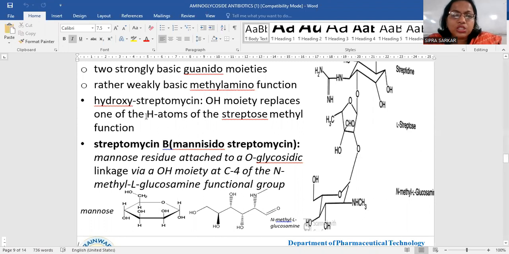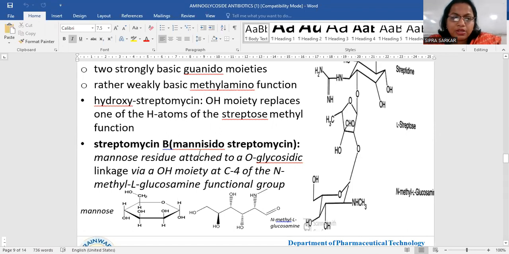Now coming to hydroxystreptomycin, that is the OH moiety present in this different amino sugar. One of the hydrogen atoms of the streptose methyl function is replaced, so that the OH moiety will be replaced with the hydrogen atom of the streptose ring.